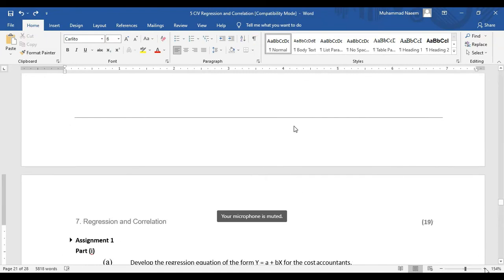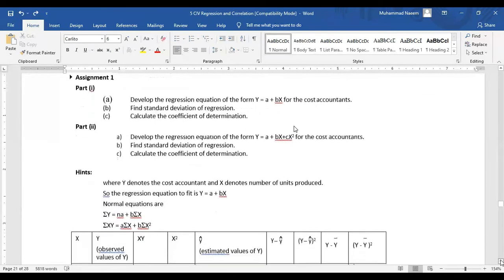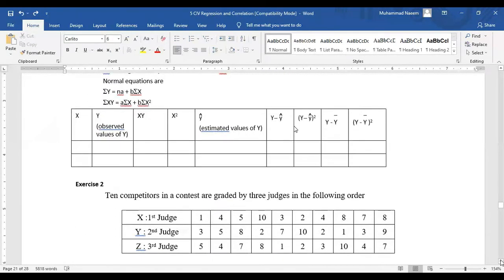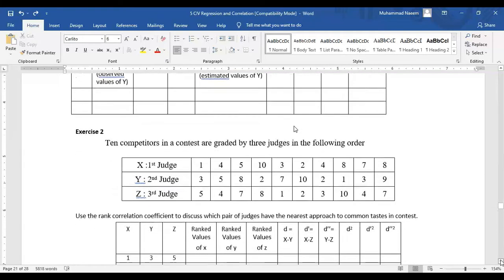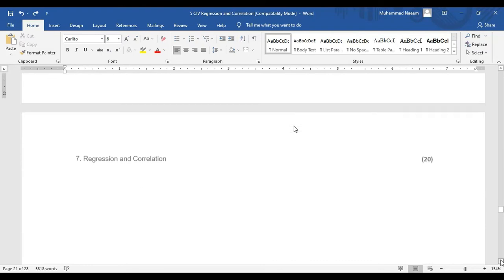This assignment you will submit on the exam day, during the end term exam.